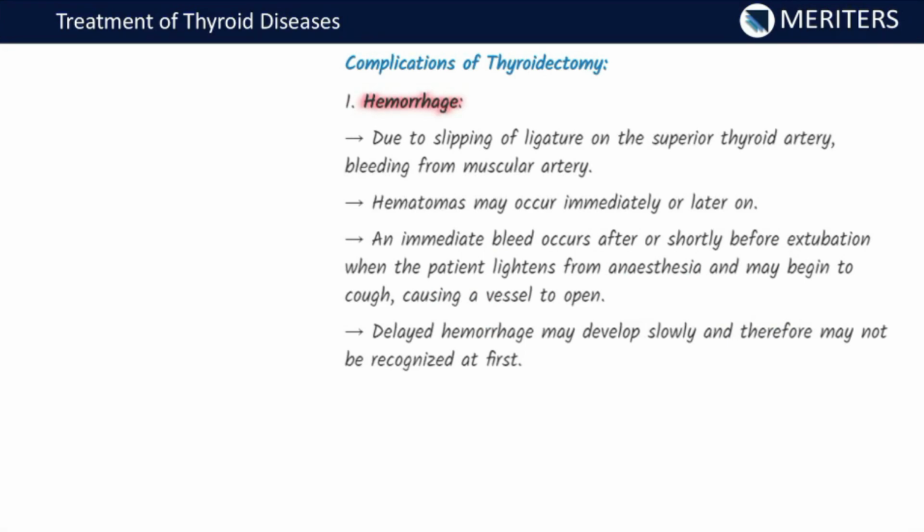Now the complications of thyroidectomy. So the first is your hemorrhage. Now the important thing is why this hemorrhage occurs. It is due to slipping of ligature on the superior thyroid artery and bleeding from the muscular artery.